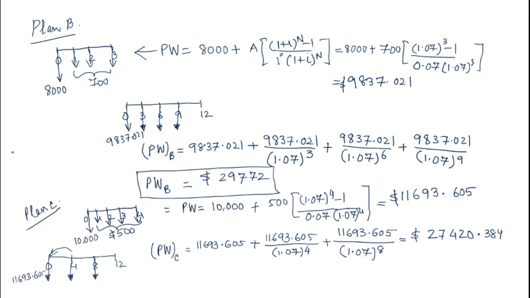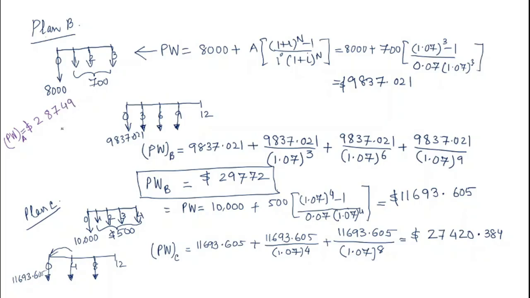The present worth for plan A comes out to be $28749.